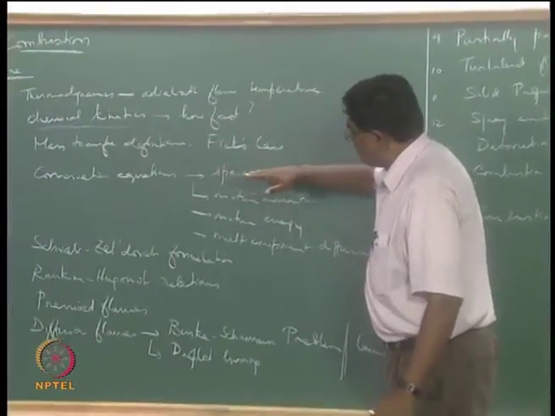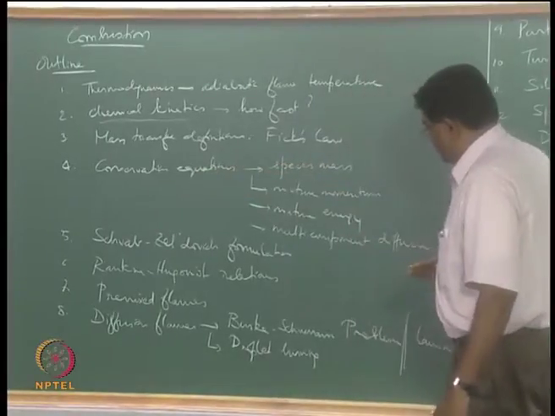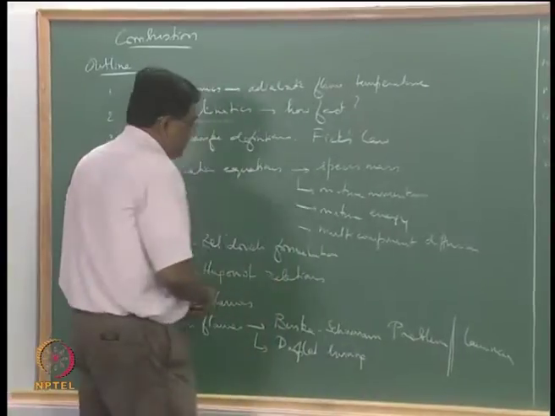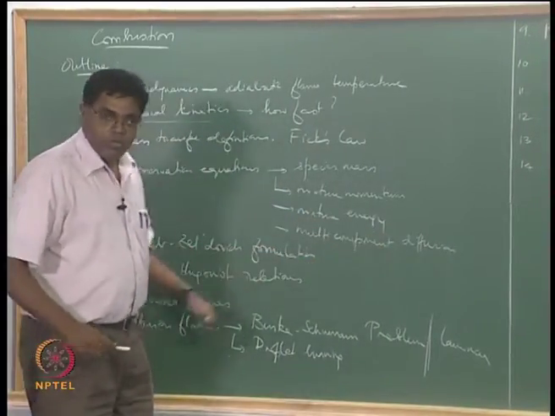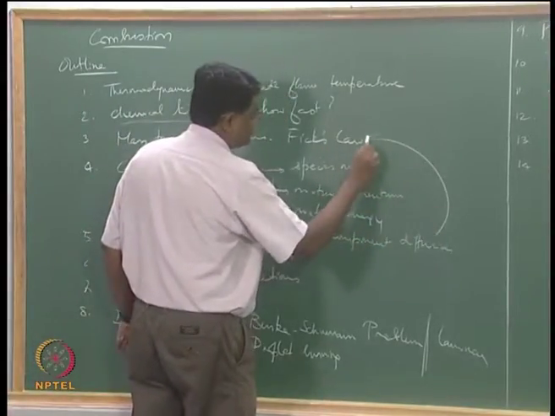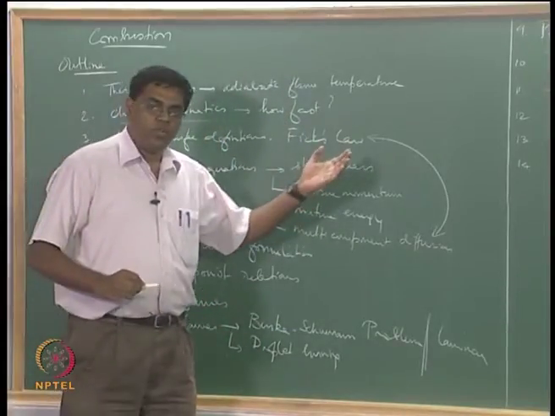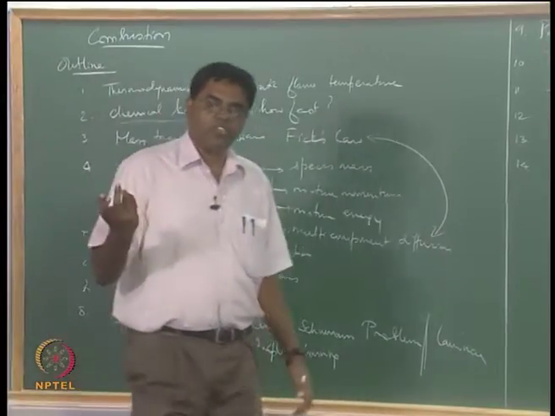So then we will be in a position to actually look at conservation equations. What we will now find is there is a need for something called a multi-component diffusion equation, which is the multi-component counterpart of Fick's law. Because what we will note is Fick's law holds good only for what's called a binary mixture.